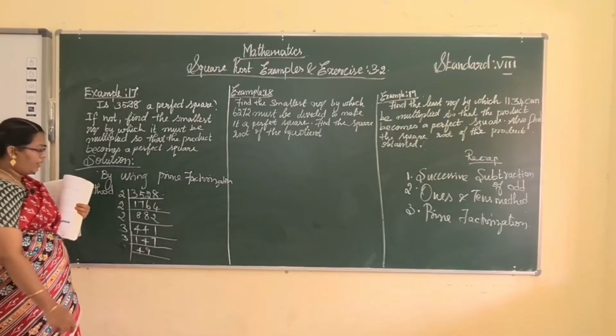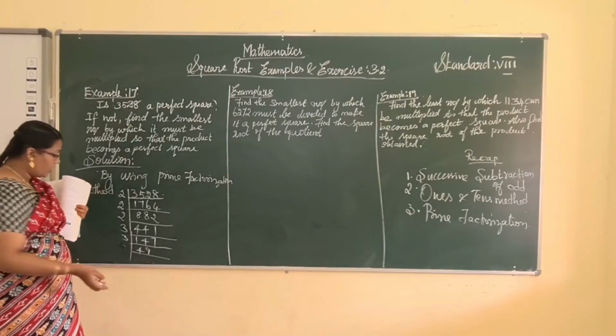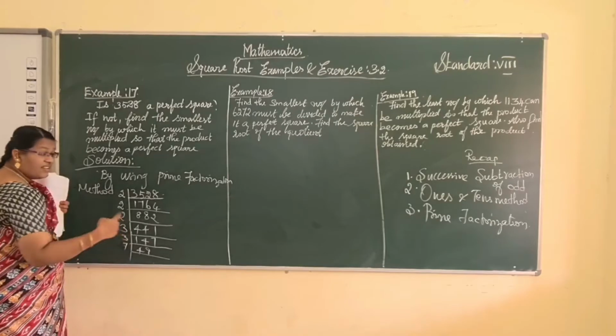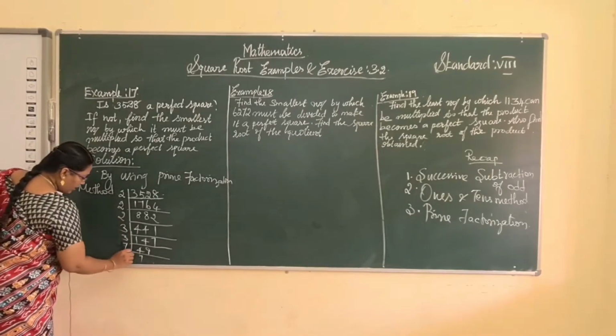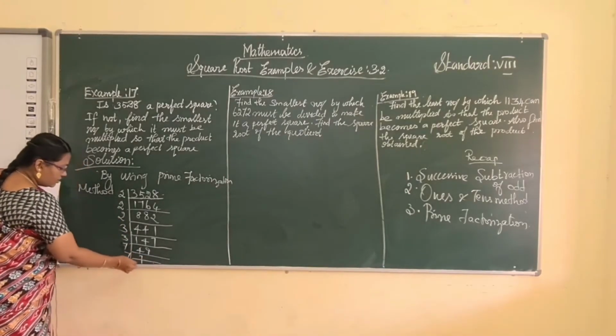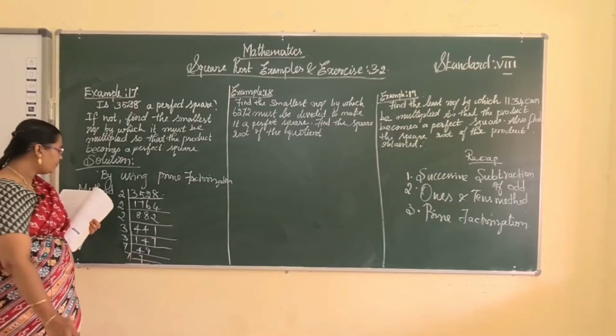The next prime number is 5, and after that the next prime number is 7. So 7 sevens are 49. We have completed, and we get the value 1.